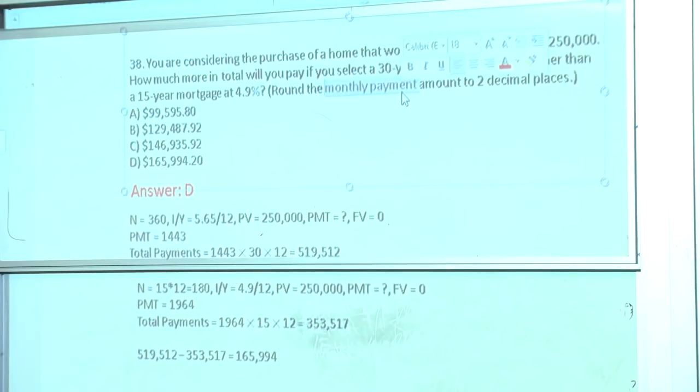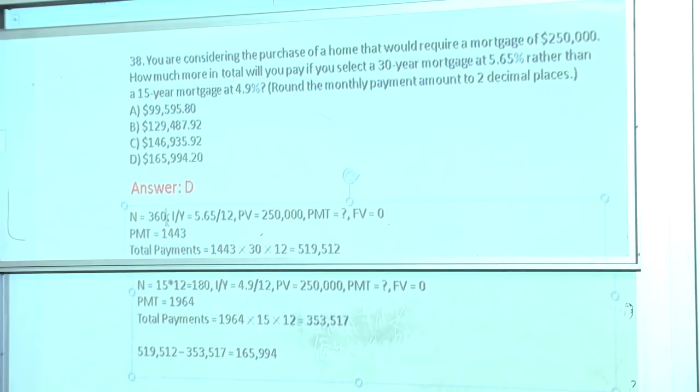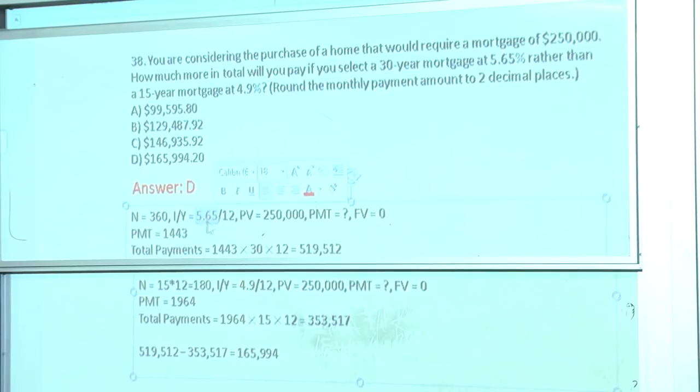Our payments are monthly, so it's monthly compounding. 30 years, monthly compounding, multiplied by m, so 12 multiplied by 30, 360. Interest rate, same thing: APR 5.65 divided by m, where m is 12.